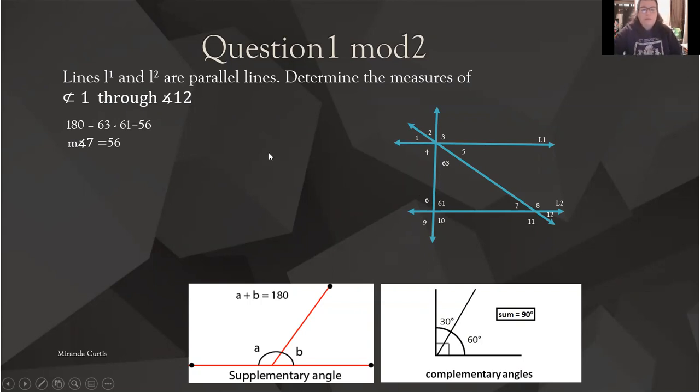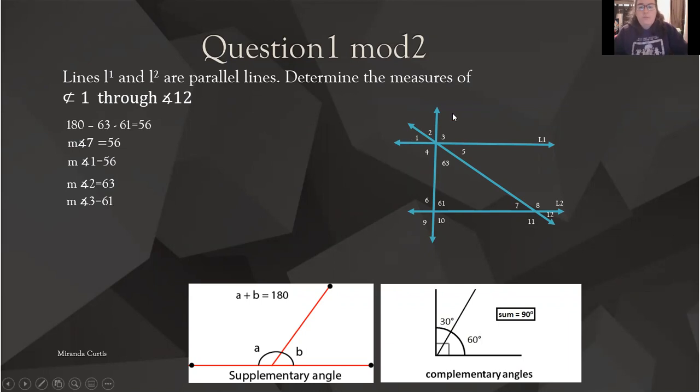Okay, so we look at angle 1, which is the opposite, and it corresponds with angle 7, and corresponding vertical angles are the same, so it gave us 56. Then we're going to look at angle 2, and angle 2 is the opposite of 63 right here, so vertical angles are equal, so it's 63.